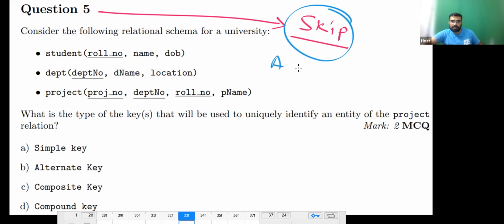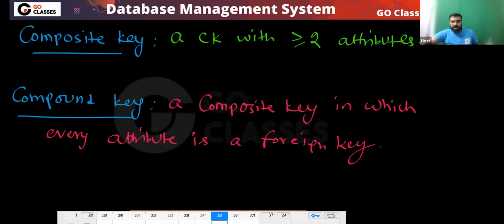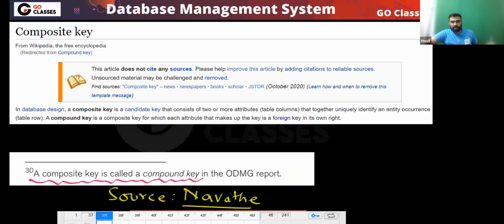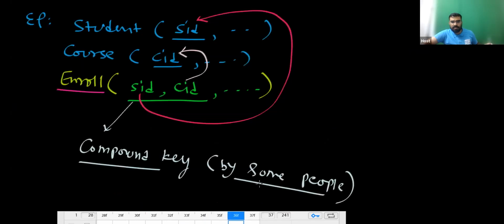A poorly framed question. Anyway, you can skip this question. But for your NPTEL exam, maybe you can remember this. Is this clear?